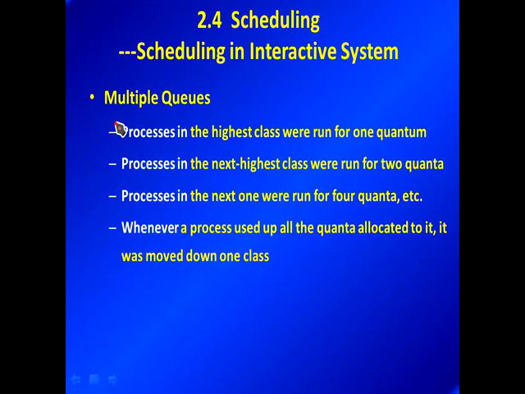In multiple queues, you can see the processes in the highest class can run for only 1 quantum, the processes in the next highest class can run for 2 quanta, and the processes in the next one can run for 4 quanta, etc. So the processes in the 4th highest class can run for 2 to the power of 3 quanta, and the processes in the nth highest class can run for 2 to the power of n minus 1 quanta.